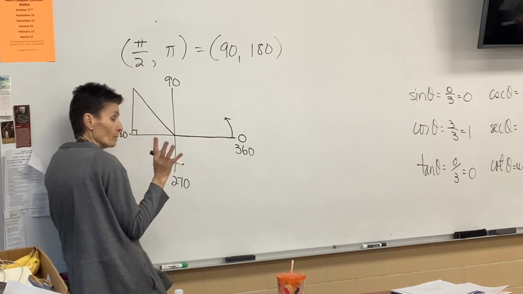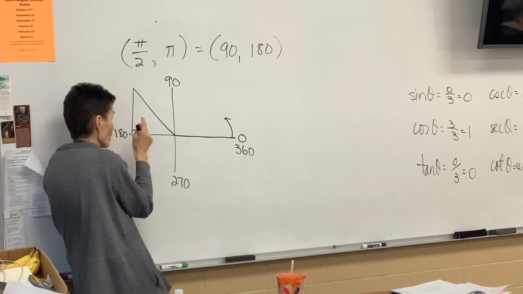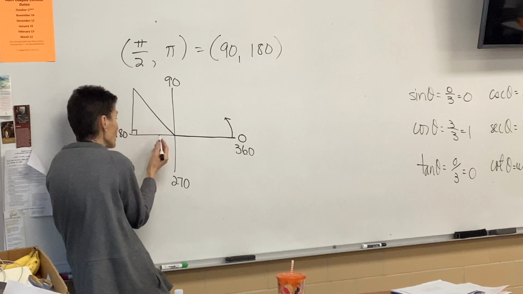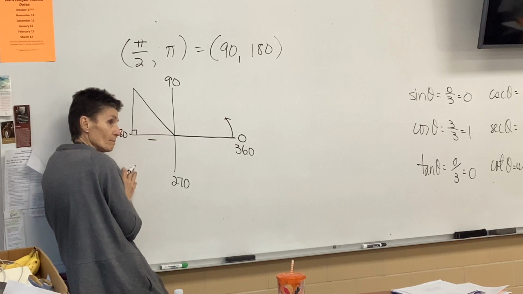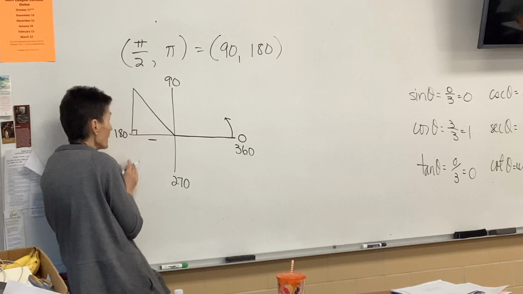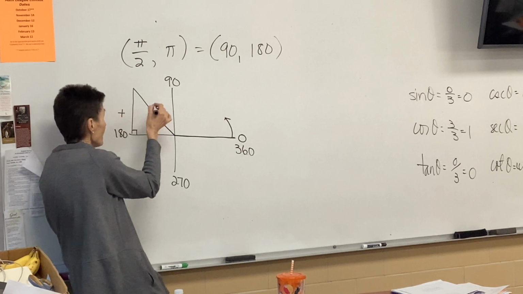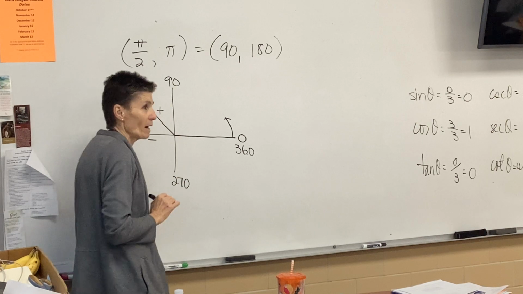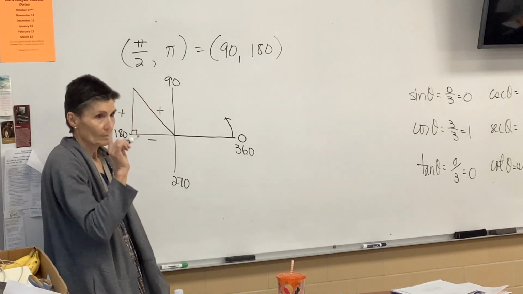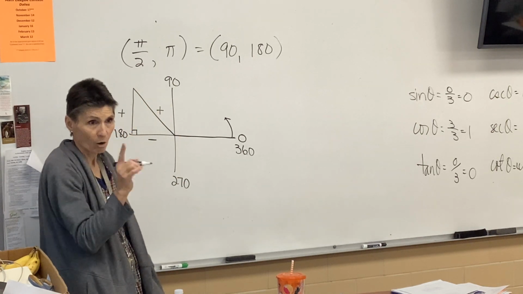None. There's no clue in the problem. But I do know that if I'm in quadrant 2, won't this number be negative? And this number will be positive? And the hypotenuse or radius is always positive?